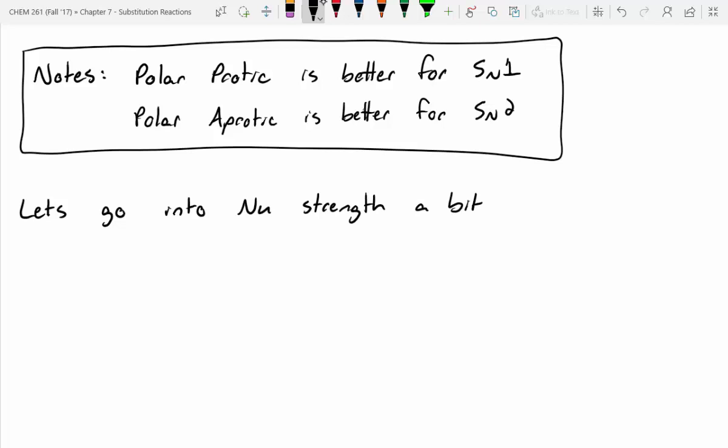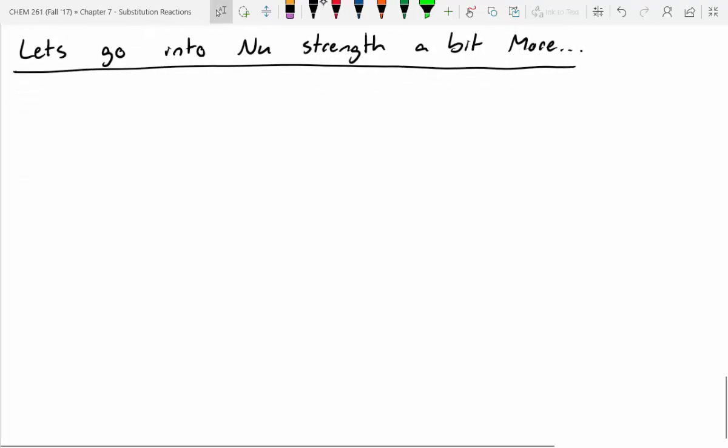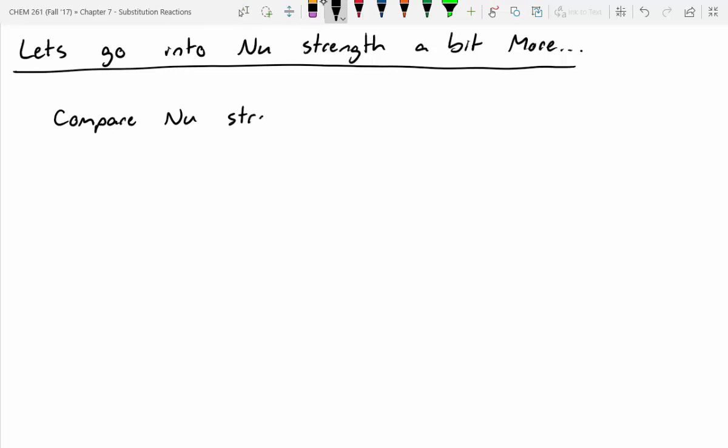So let's go into nucleophile strength a bit more. All right, so let's do this. I'm going to compare nucleophile strength in the same column.